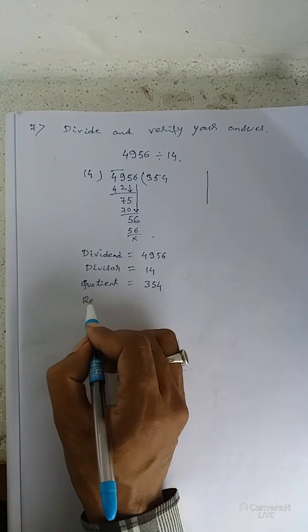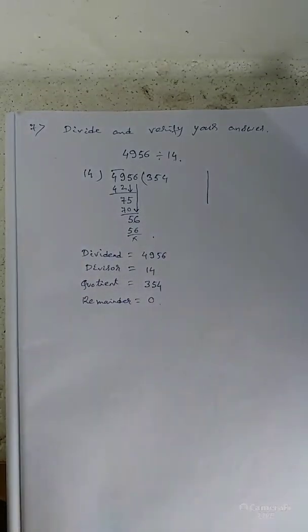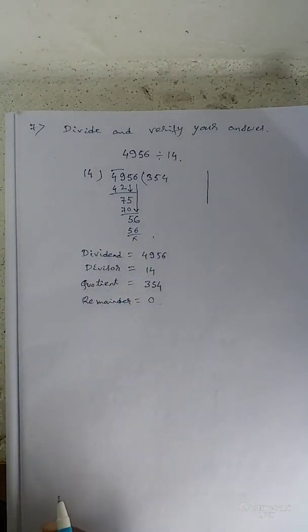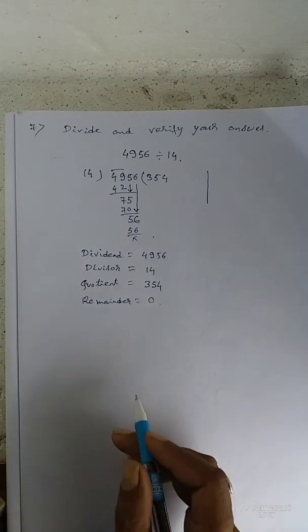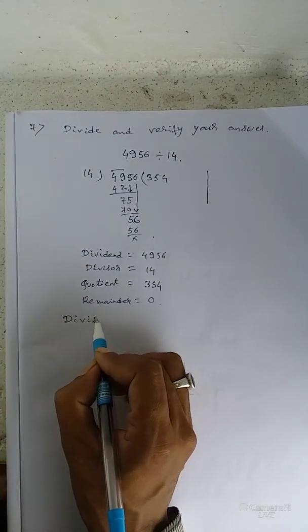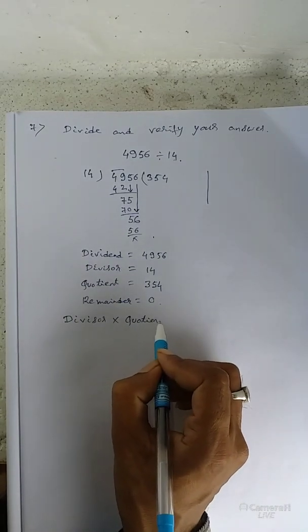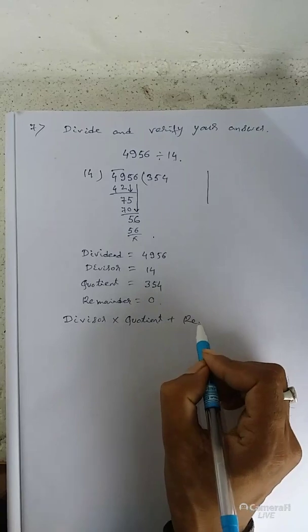And what is the remainder? 0. Nothing is left here, so 0 is the remainder. Now you have to check our result. For this one we will do these things: divisor multiply quotient plus remainder.